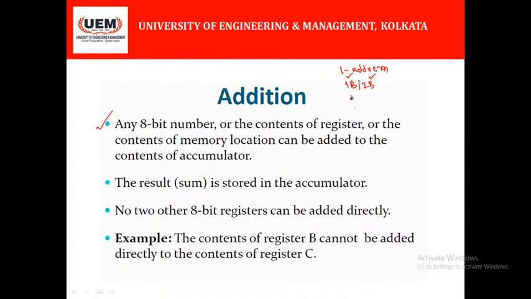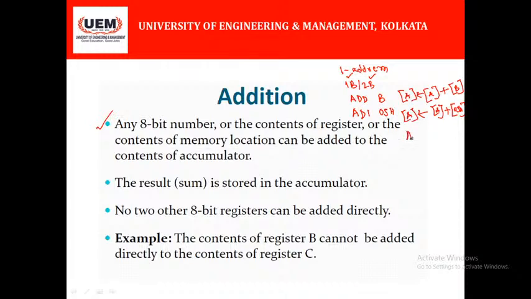For example, take the ADD B instruction. In that case, the content of the accumulator is added with the content of the B register and the result is stored in the A register. Another example, ADI 05H. In that case, the content of the accumulator is added with 05H, that is the hexadecimal data, and the result is stored in the accumulator.